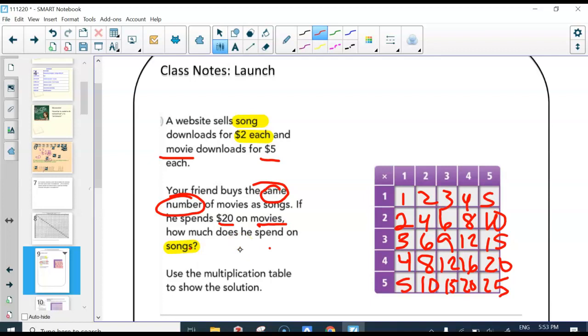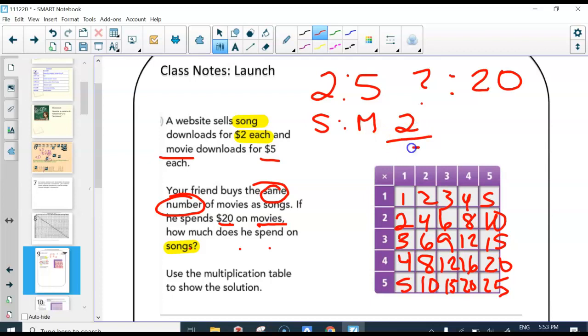Songs to movies would be 2 to 5. But I know he has $20 on movies, but I don't know the songs. So I'm going to set up 2 to 5 as a fraction equals blank to 20. Now I can use our tools that we just did and see that it's 8.